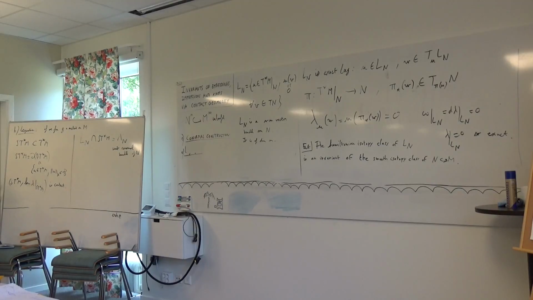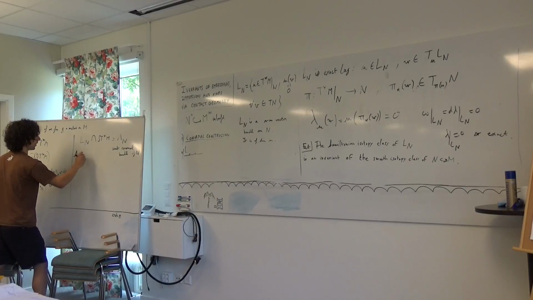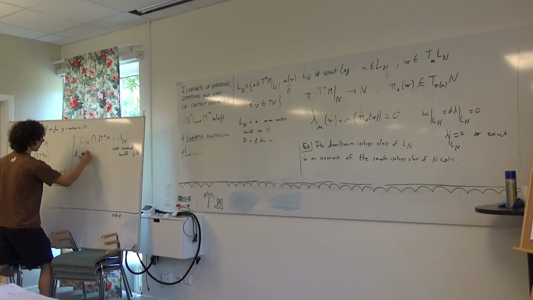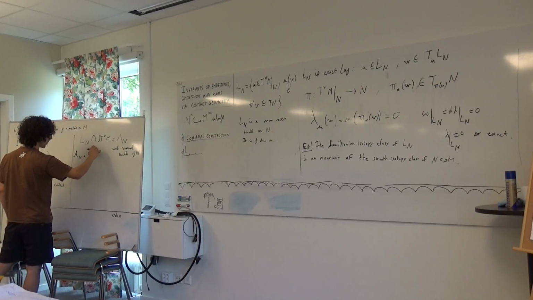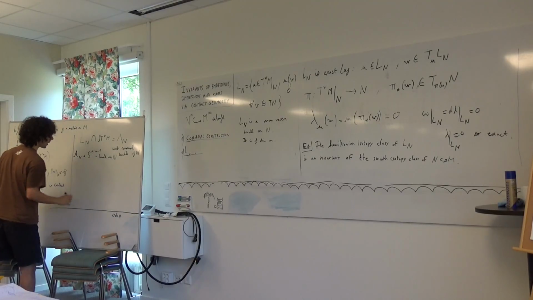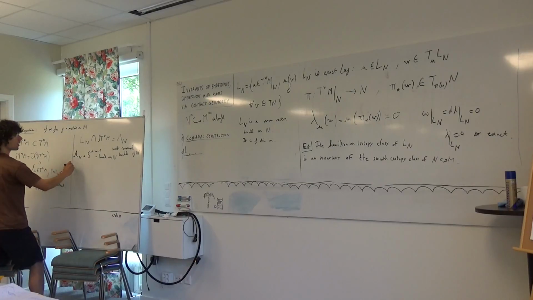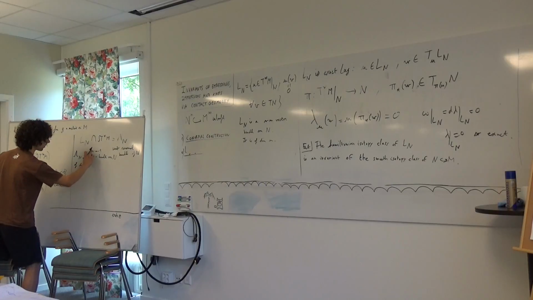And what more can we say? Now this is an S^(n-m-1) sphere bundle over N, so that it is of dimension... no, okay, other way.